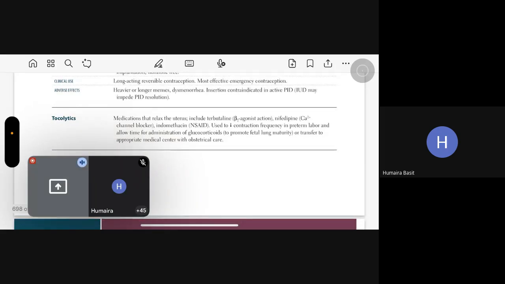So what are tocolytics? Tocolytics are any drug that causes the movement of uterus to be diminished or very reduced. So what are the drugs that can cause tocolysis, and why do we use tocolytics? We use tocolytics to prevent premature labor or to reduce the premature labor.